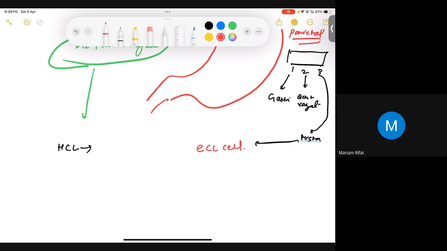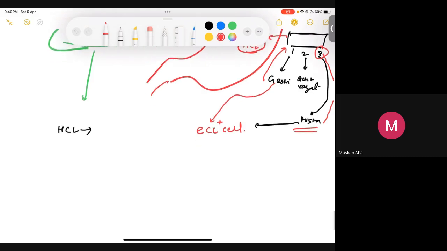So gastrin can directly stimulate the release of HCl, and it can also indirectly stimulate the release of HCl by stimulating your ECL cells. Once stimulated, they release histamine. Histamine has a receptor on the parietal cells, which helps them make more HCl. Is that clear? Okay, perfect.